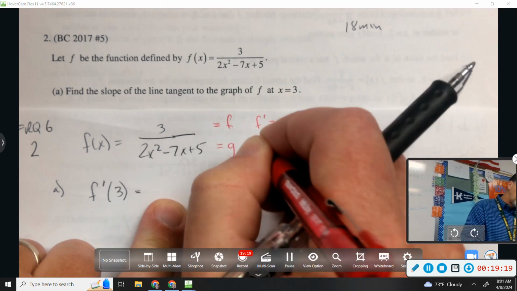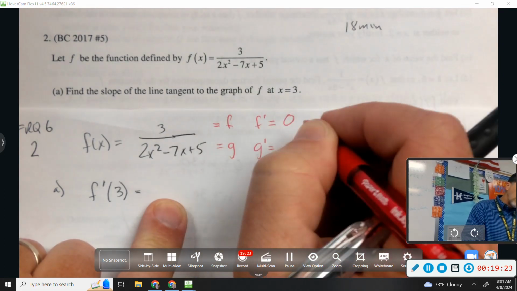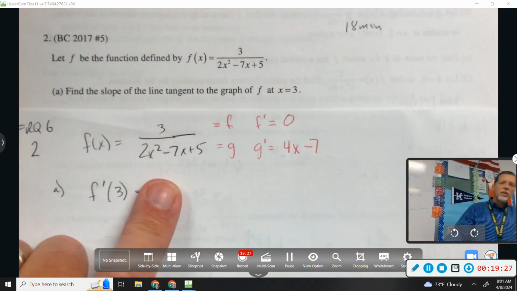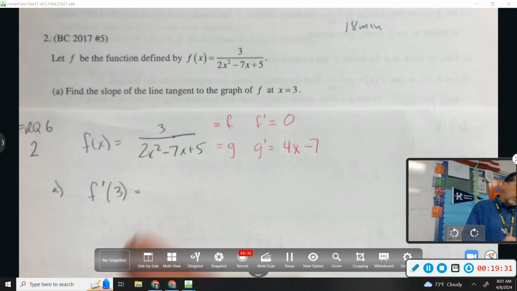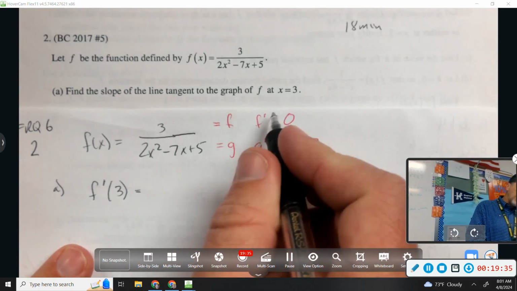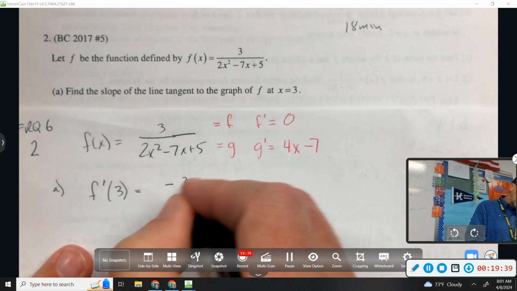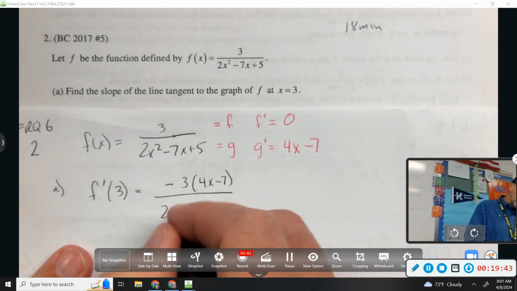Especially since, what's f prime? 0. G prime isn't much more difficult than that, 4x minus 7. So let's see, quotient rule is gf prime, that immediately goes away, minus fg prime, all over g squared.